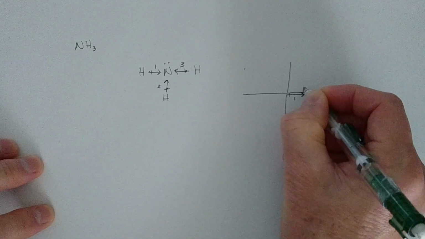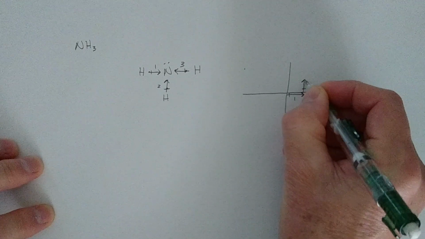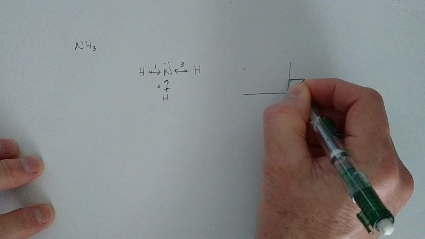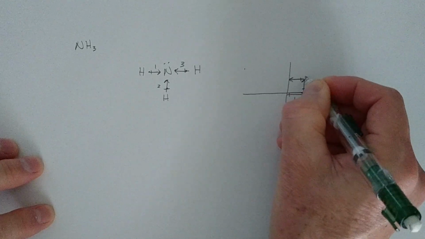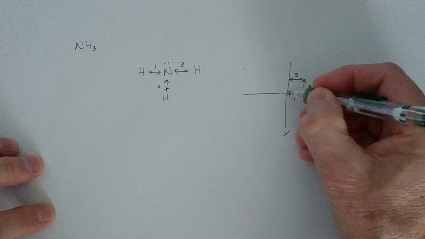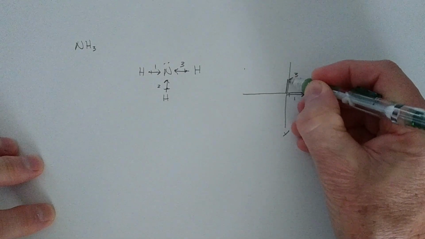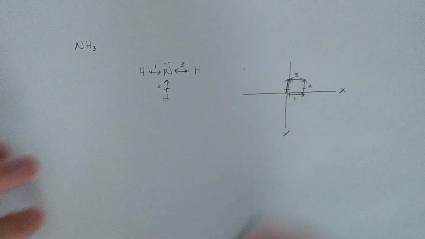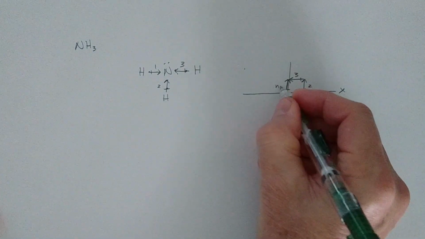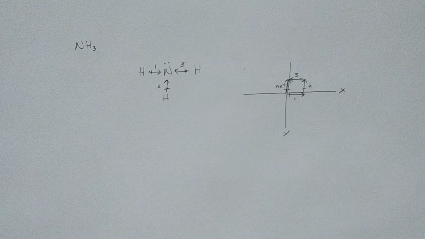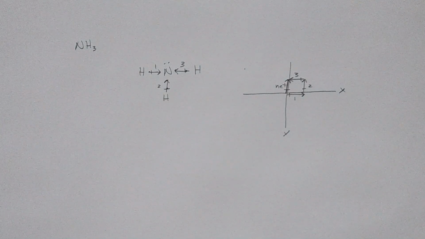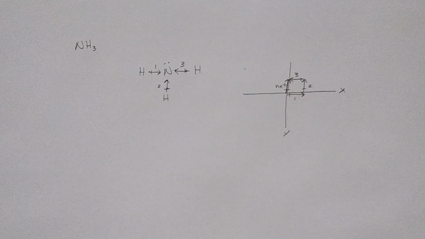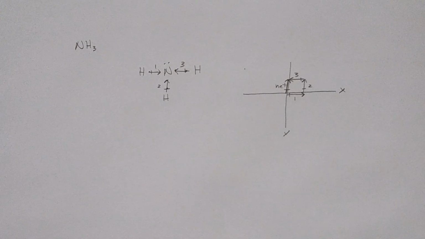We could place vector 2, and we could place vector 3. And we see that there is indeed a net vector. The dipoles do not cancel one another out, and thus the ammonia molecule is a polar molecule.